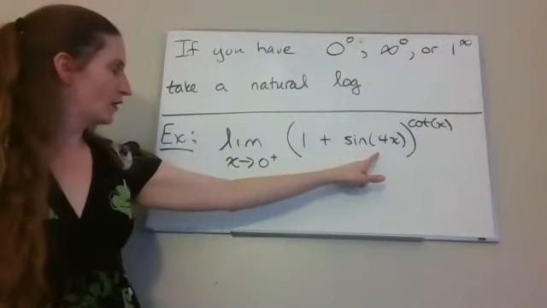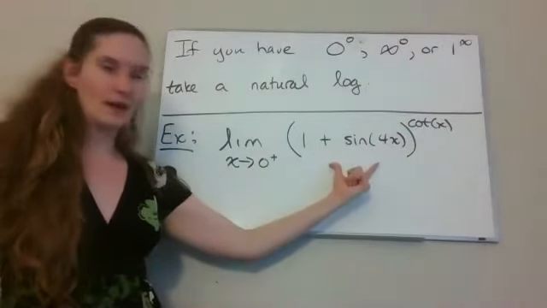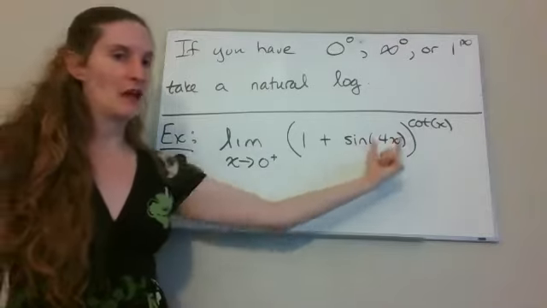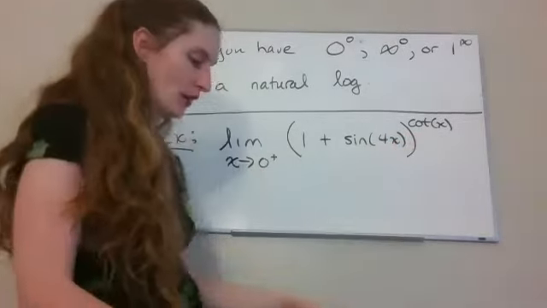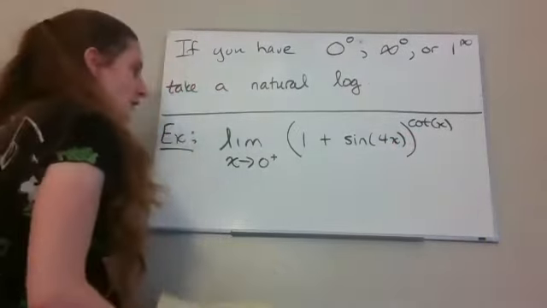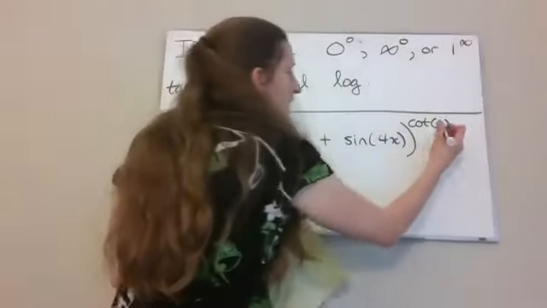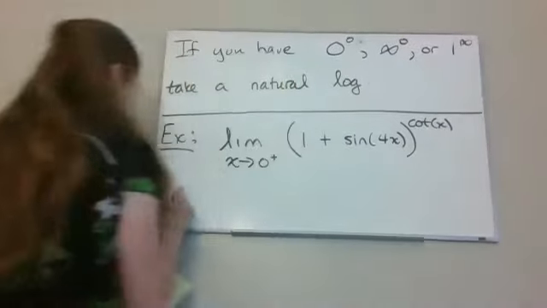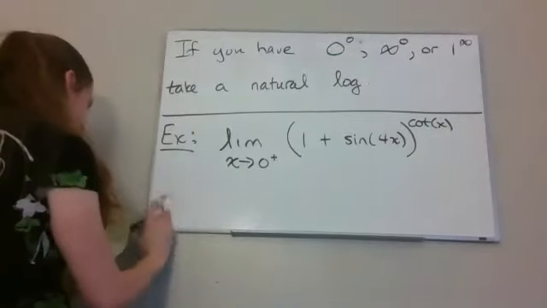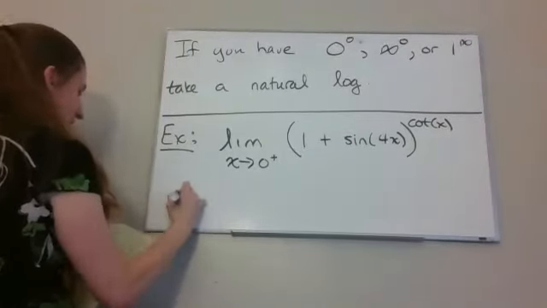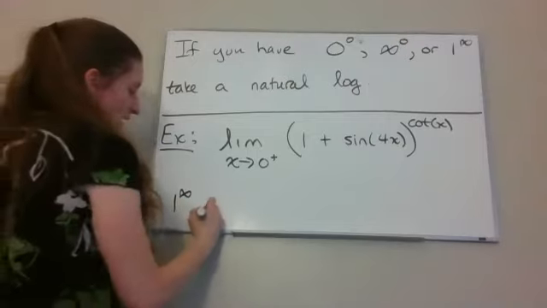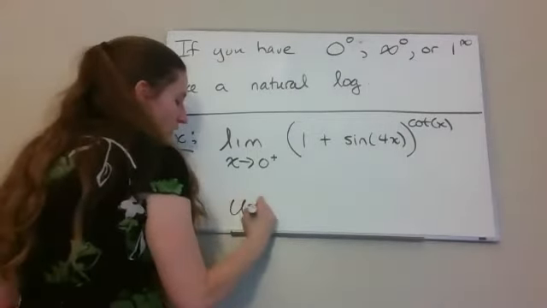Well, sine of 0 is 0, so I would have a 1 inside the parentheses. And the cotangent of 0, that goes to infinity. So I'm in a 1 to the infinity situation. This means we need to use a logarithm.